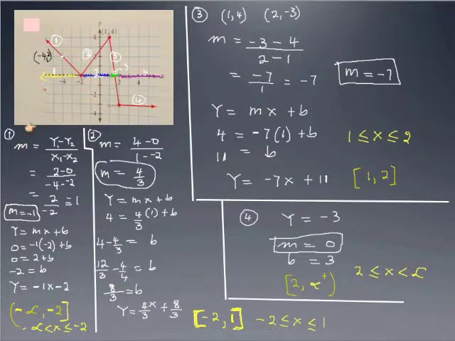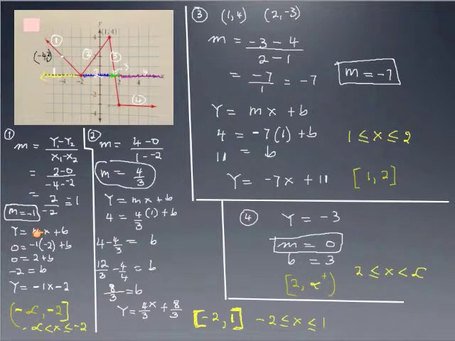So the first graph here, I used (-4, 2) and (-2, 0) as the 2 points, and worked out my slope using y1 minus y2 divided by x1 minus x2: 2 minus 0, which is the y points for both, and then -4 minus -2, which becomes -4 plus 2, -2, and the slope becomes -1.